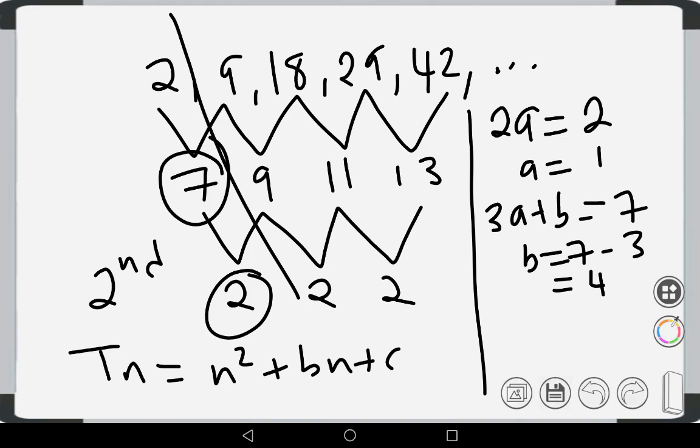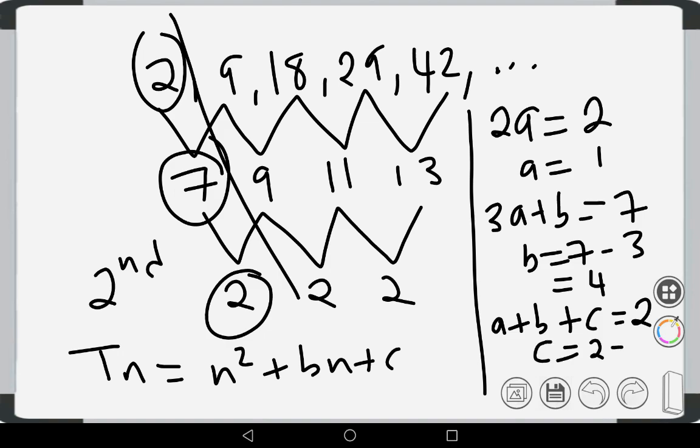Then to find c, you say a plus b plus c equals the first term, which is 2. Then you substitute a and b: 1 plus 4 is 5. So c equals 2 minus 5, which gives c equals minus 3.